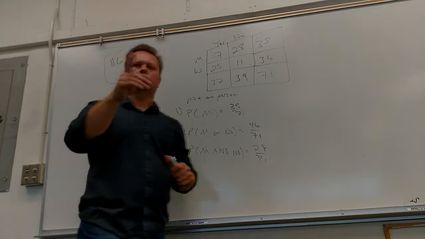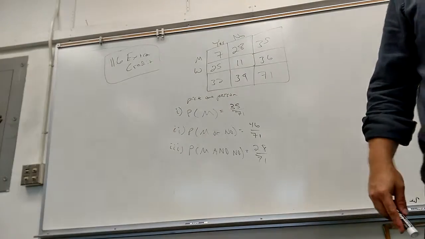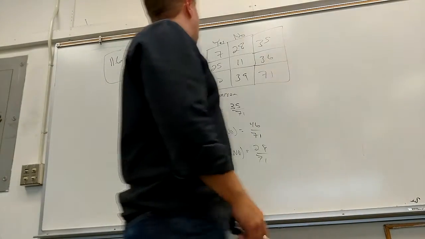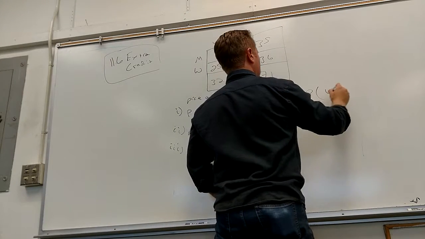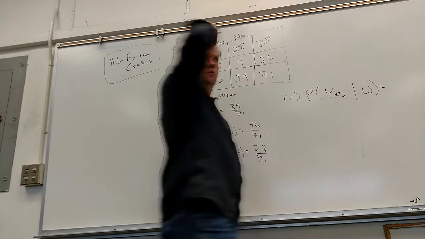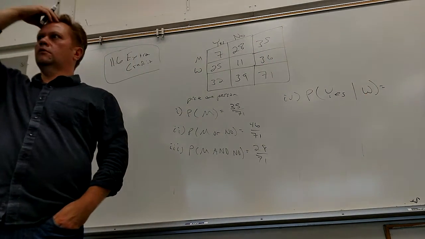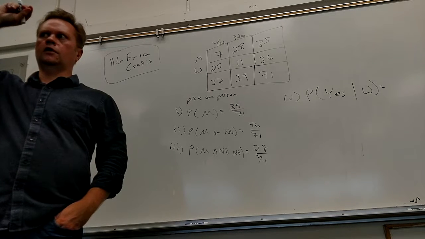Could you do one about when the denominator changes, with the given? Yeah. So here, if I said, what's the probability that they said yes, given that they're a woman? So what do I know about the person? They are a woman.